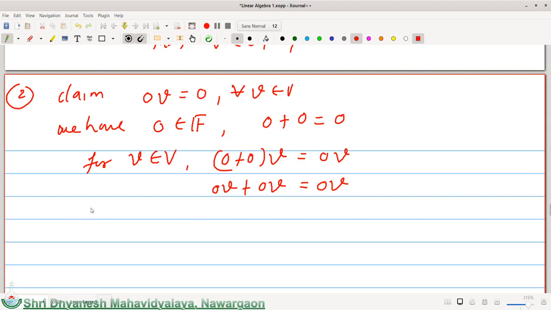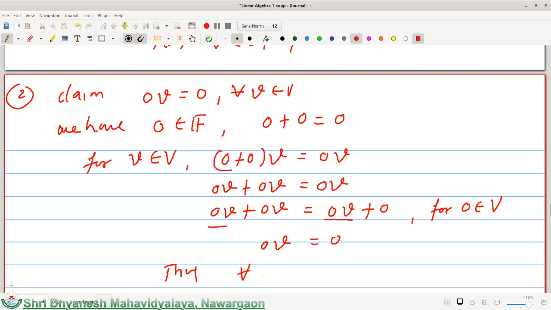So 0 into v plus 0 into v is equal to 0 into v plus 0, for 0 belonging to vector space V. So again by right cancellation law, we get 0 into v is equal to 0. Thus for all vectors v of V, we have 0 into v is equal to 0. Simple.